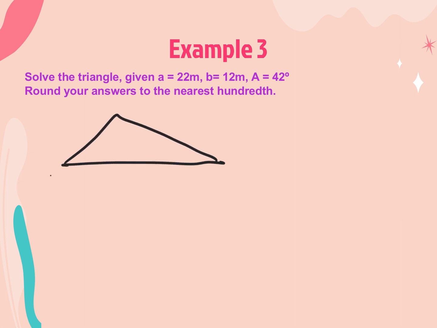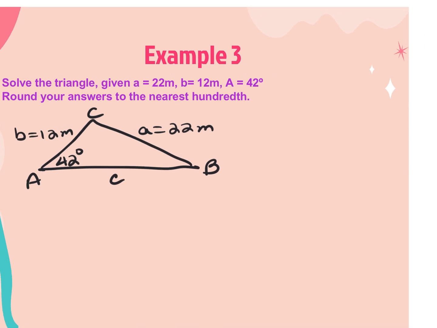So we have A, C, and B, and they gave us little a, they gave us little b, and they gave us angle A. I don't know side C. So again, it'll help if you go ahead and write down what you're looking for.